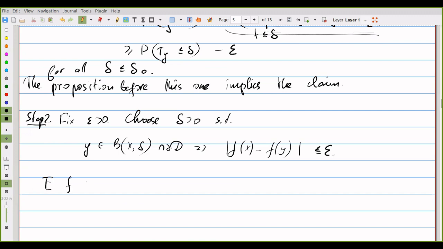Now let's consider f of W^z at tau z minus f of x.